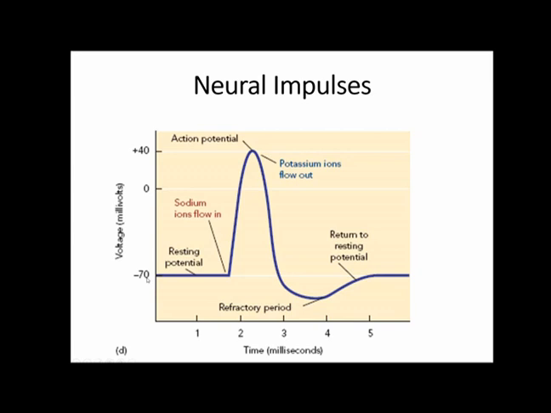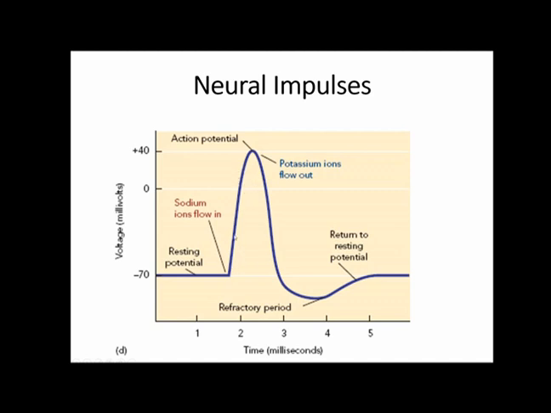So one last time. So we're sitting at our resting potential. Something, a stimulus, will trigger these sodium channels to open, and these sodium ions flow in. And as those positive ions come in, the charge rises. This is our depolarization.